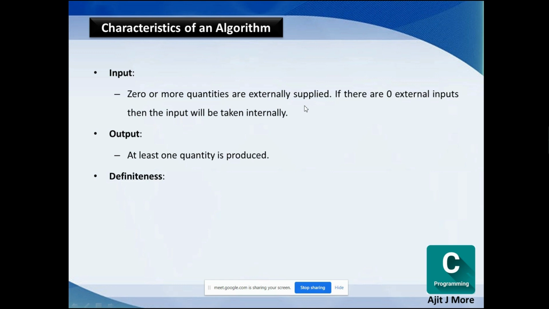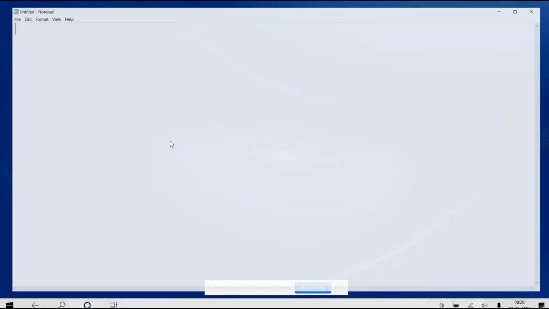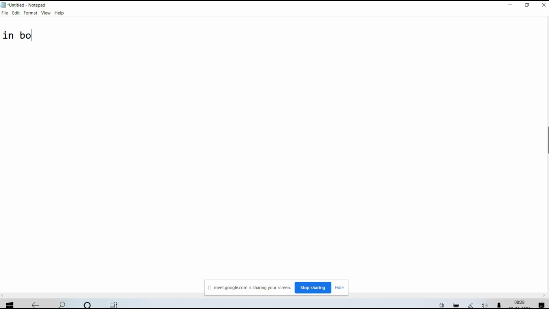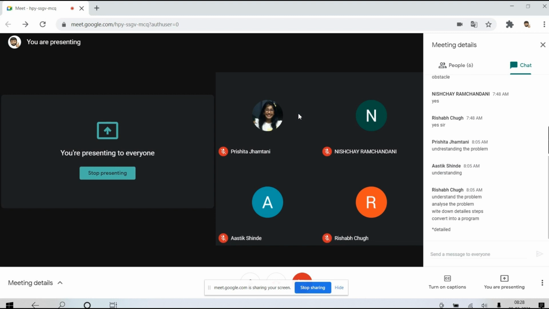Or a little harder one I'm saying: in books selected information is given. Can anyone say, is it ambiguous? If I'm saying in books, selected information is given. Do you think it is an ambiguous sentence from your side? Is it a confusing sentence?